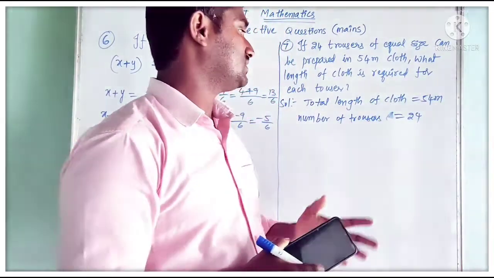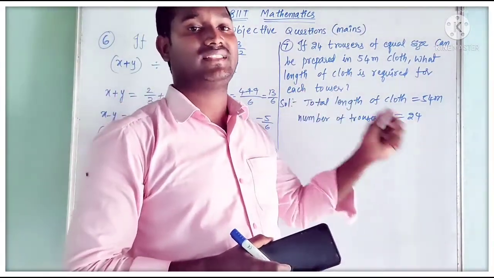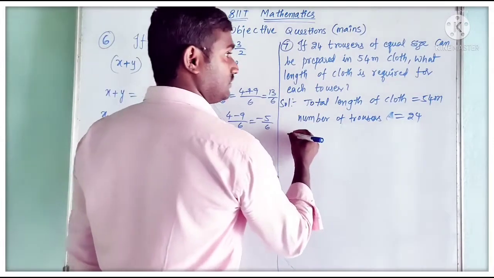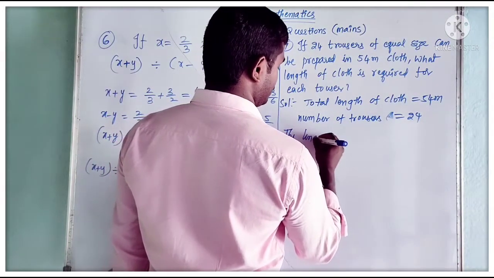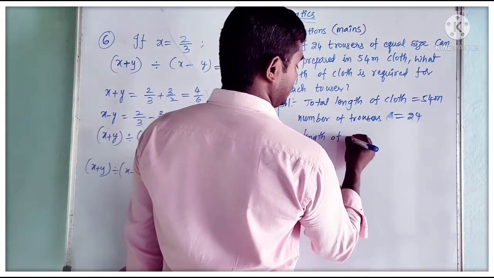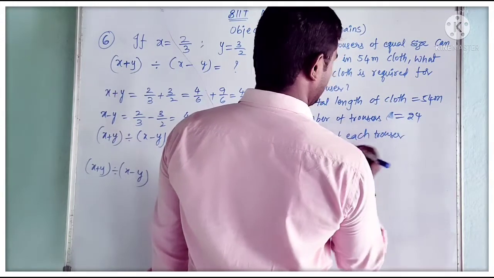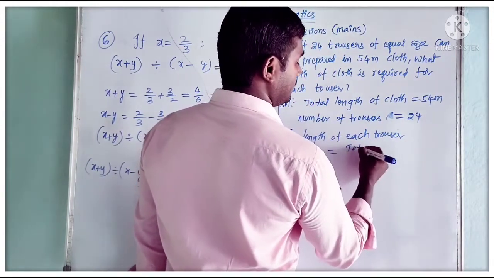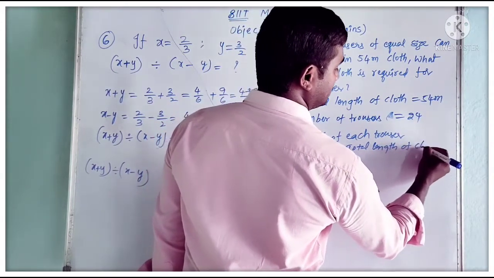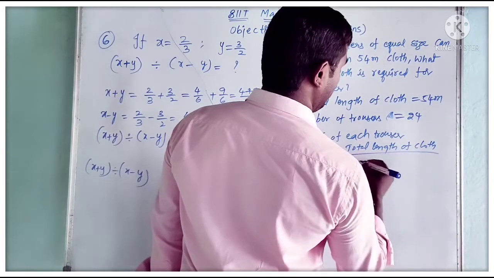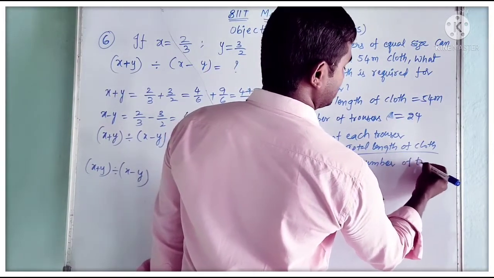So what is the measure of each trouser length? The length of each trouser is equal to the total length of the cloth divided by the number of trousers.